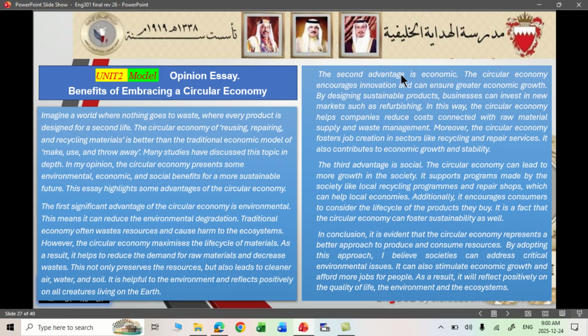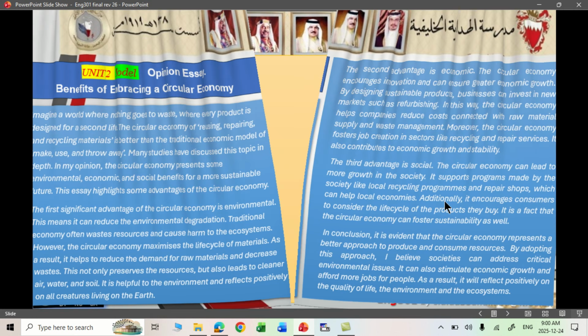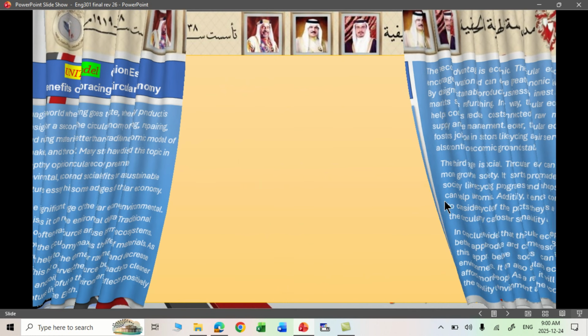The second advantage is, the third advantage is, and here we are talking, as we said, about the society, about the economy, and about the environment. Finally, we come to the conclusion, where again I said that you are going to summarize the whole stuff and try to convince the reader with your opinion.